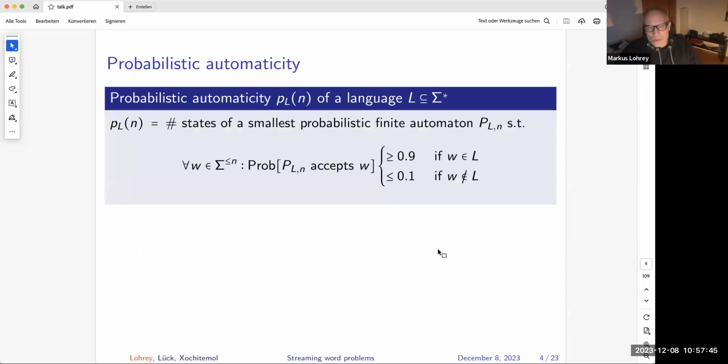Now, in this talk, I will mainly be interested in a generalization of the deterministic automaticity, and I call it probabilistic automaticity. The setting is the same as before.